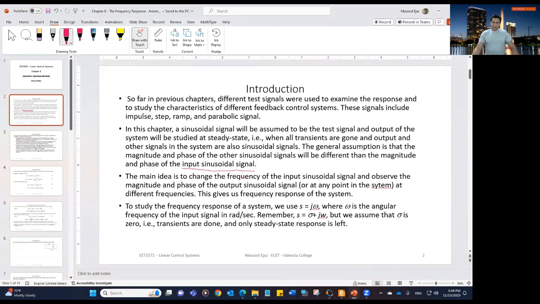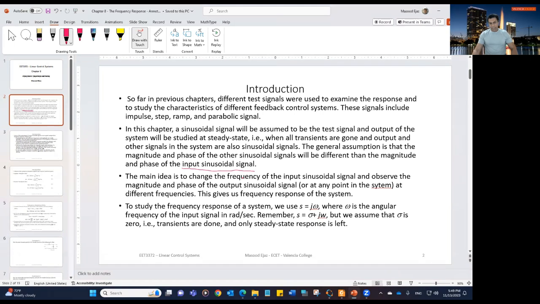Anytime you are using frequency response, we are looking at the system from a filter point of view: what frequency values can pass through the system, and what frequency values will be stopped by the system.